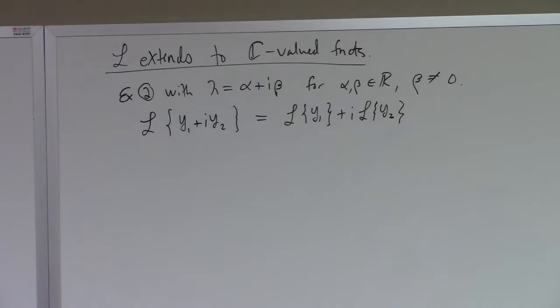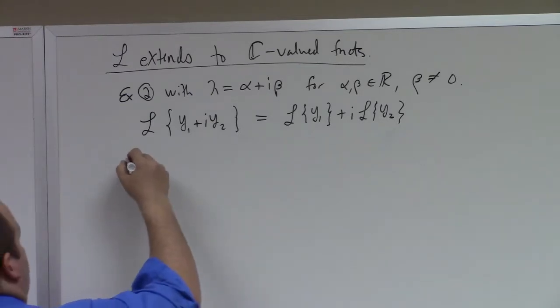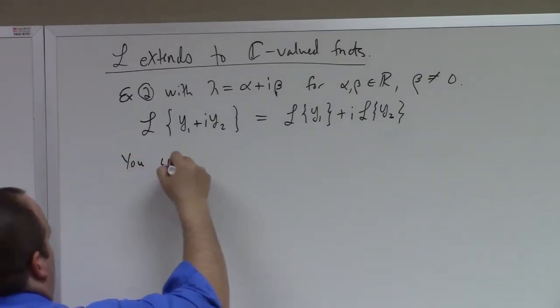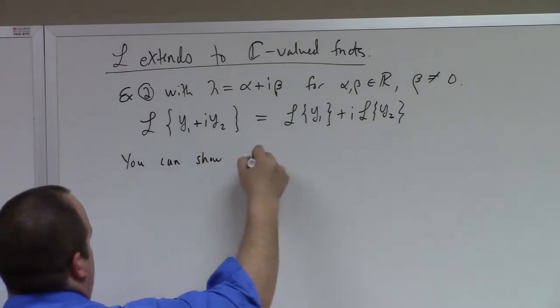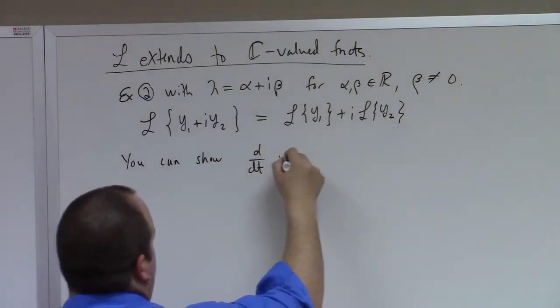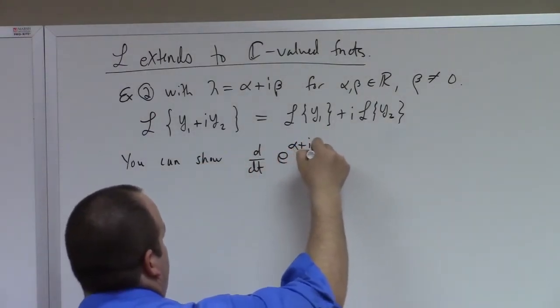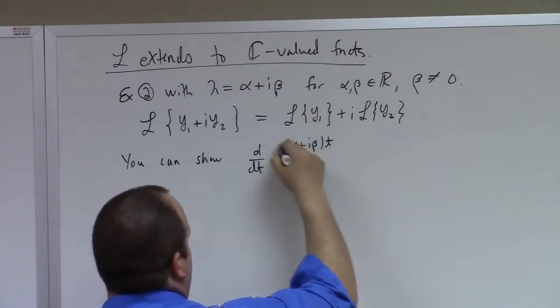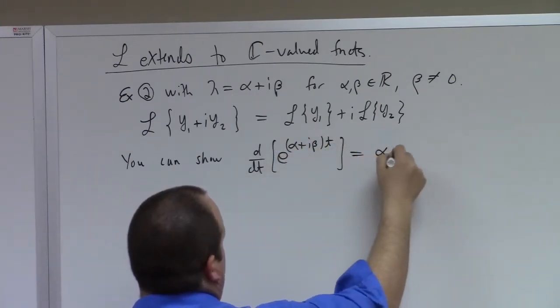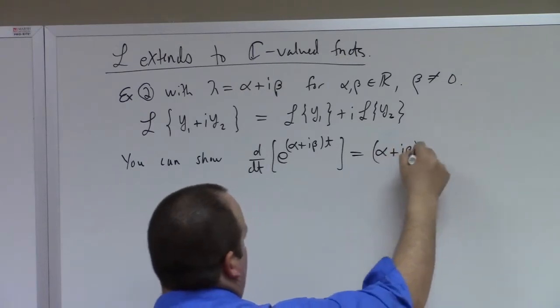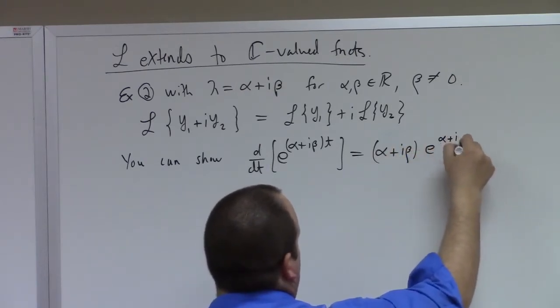So in view of that, and also in view of the fact that complex calculus of a real variable works just like you'd like in the natural way, the critical thing is you can show that d/dt of e to the (alpha plus i beta) t is equal to (alpha plus i beta) times e to the (alpha plus i beta) t.